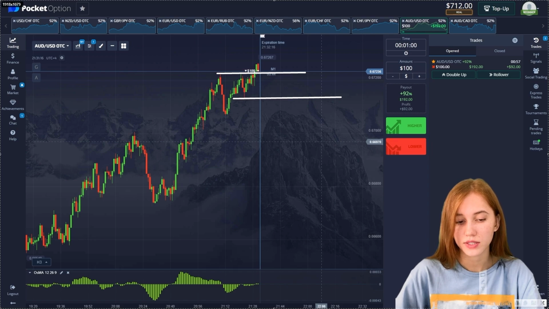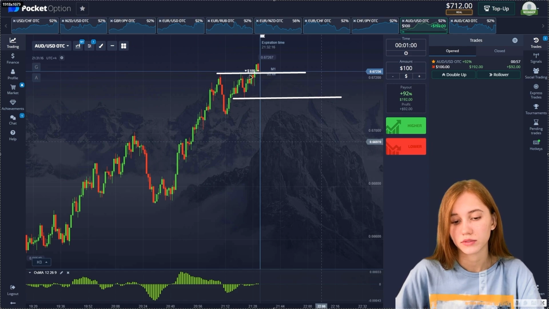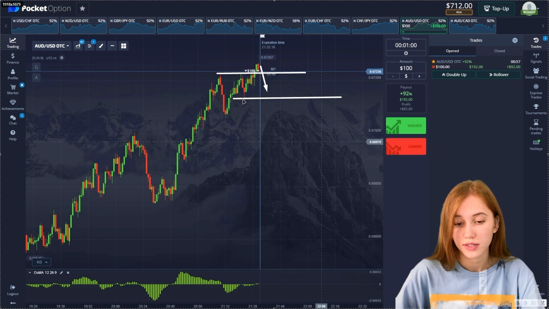We see the resistance area has been broken. We see a good downward candle. Most likely the chart will now roll back in the opposite direction. So this is easy to predict.